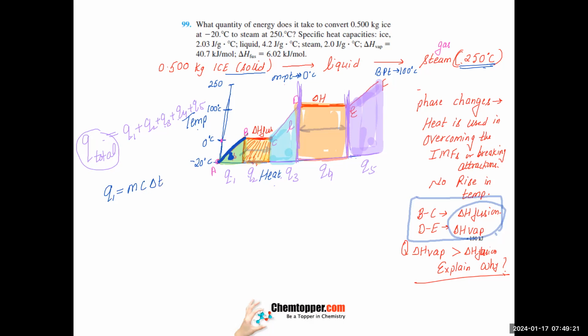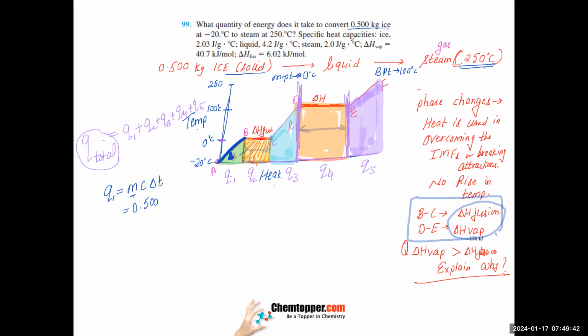You can see the blue line. Now read the question. What is m? m is the mass of the ice. What is it? 0.500 kilogram. You can see.